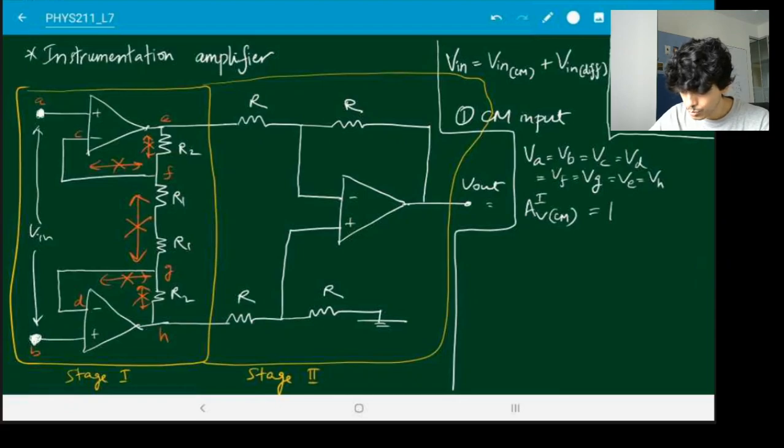Let's look at stage 2. Stage 2, as we saw, is a differential amplifier, and on the last page we saw what the common mode gain for a differential amplifier is. What was it?